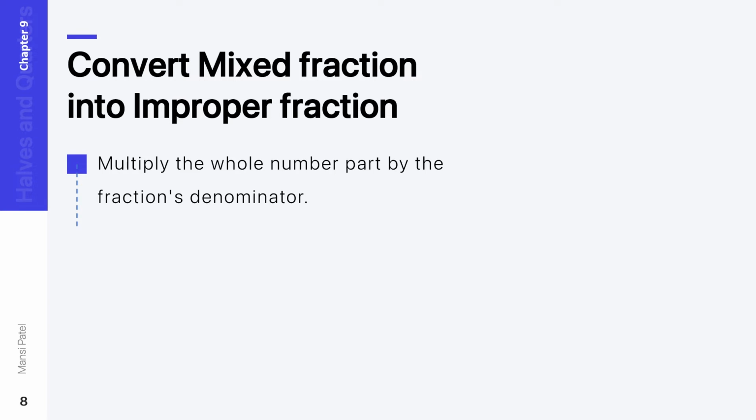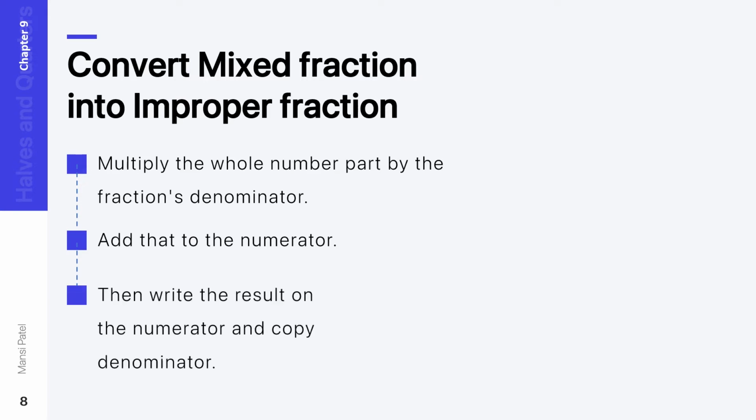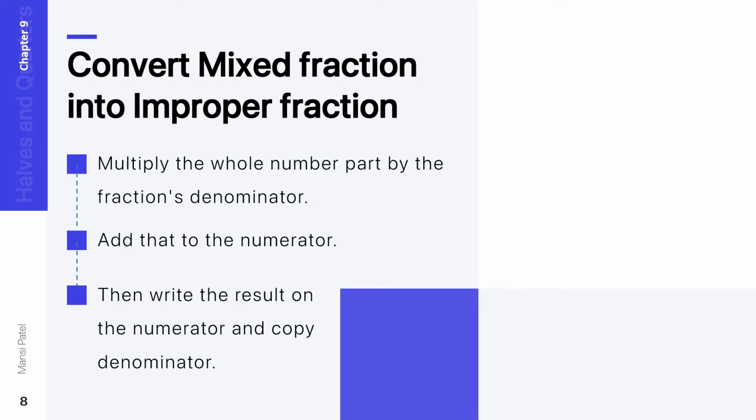After that, whatever the answer is, you have to add that answer to the numerator. After that, in the last, you have to write down that result in the numerator, and just write down the denominator as it is. It means you just copy the denominator.